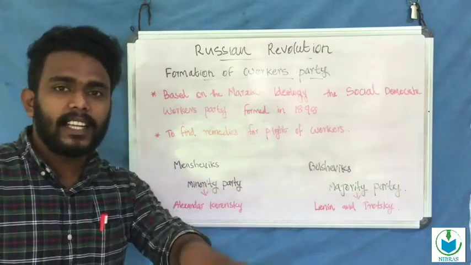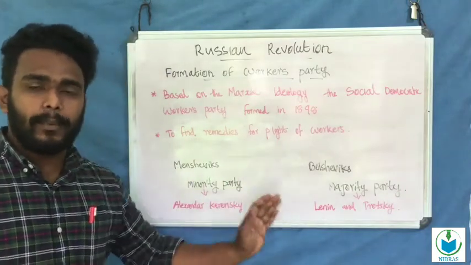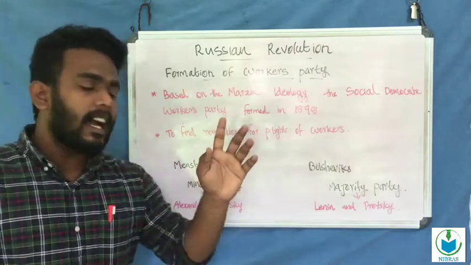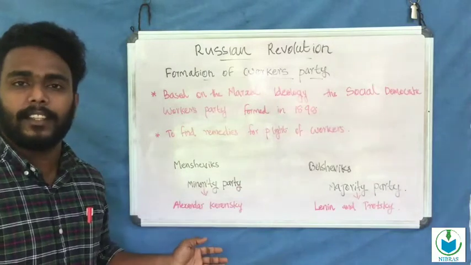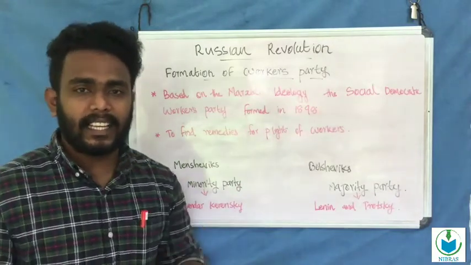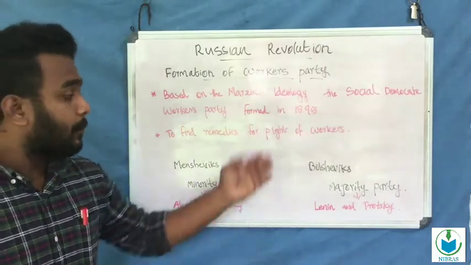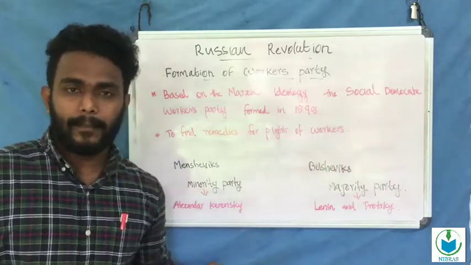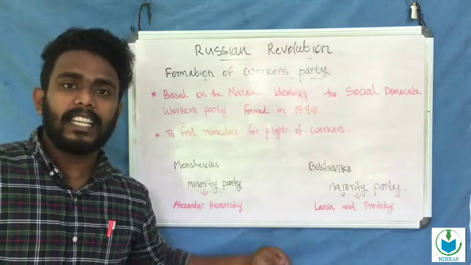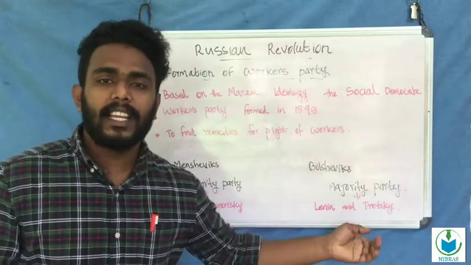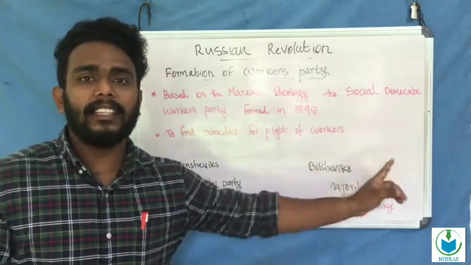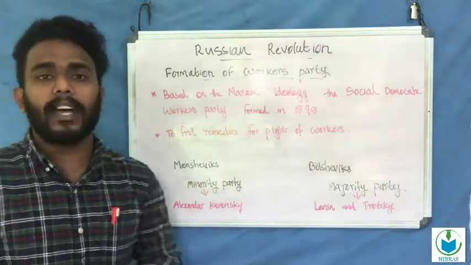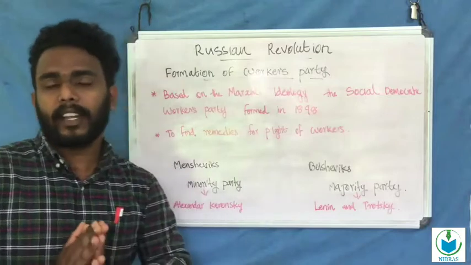The Mensheviks were a minority party, and the leader of the Mensheviks was Alexander Kerensky. The Bolsheviks were a majority party, and the leaders of the Bolsheviks were Lenin and Trotsky. This was the split of the workers party.